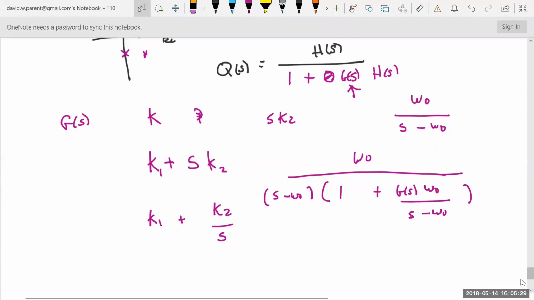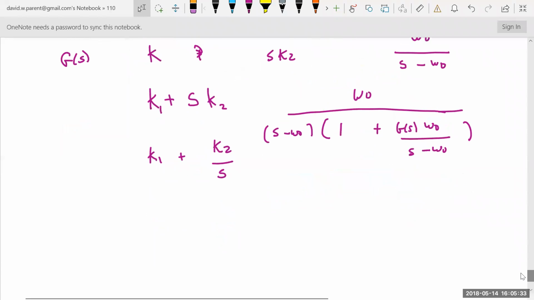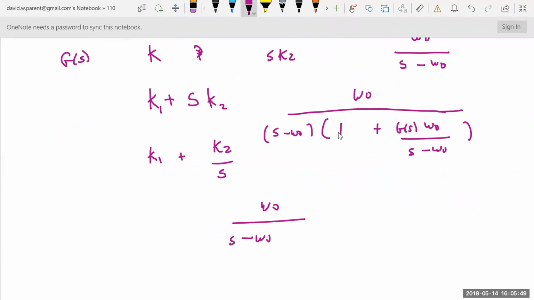I haven't said what that is yet. Well, that pole is repeated, or I don't want to use the phrase repeated, but it's right there because of the 1. So we get omega naught. We get S minus omega naught. We multiply through, and this drops out. So we have plus G(s) omega naught.